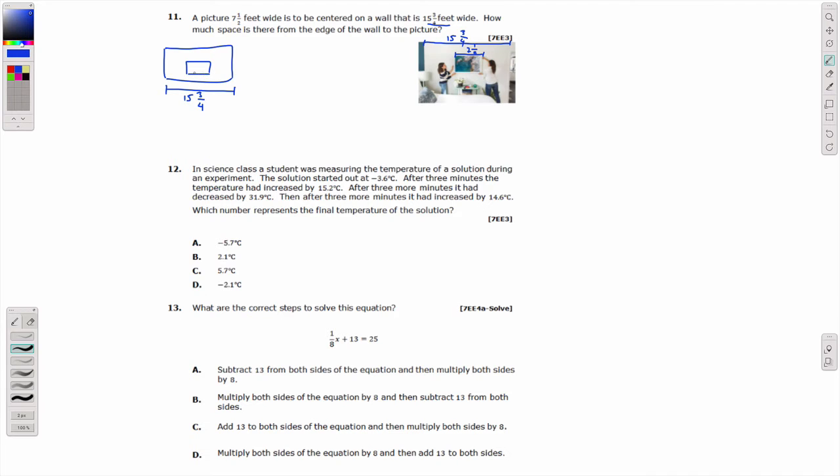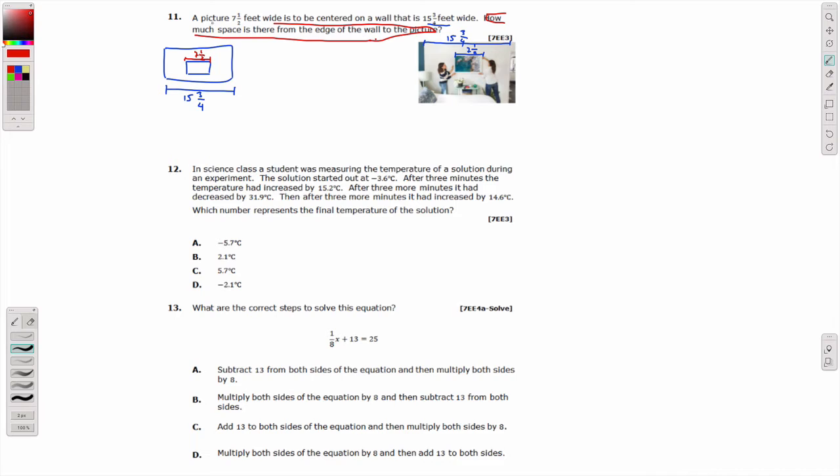And the picture is a different color. I'll use red. And because this is another known thing, the picture is 7 1/2.